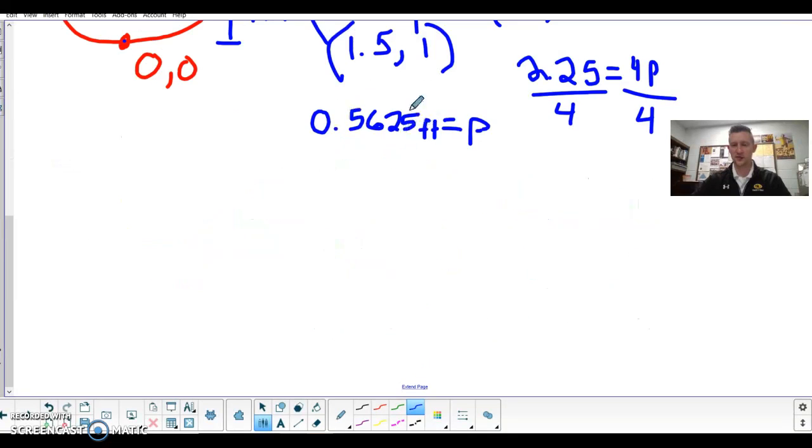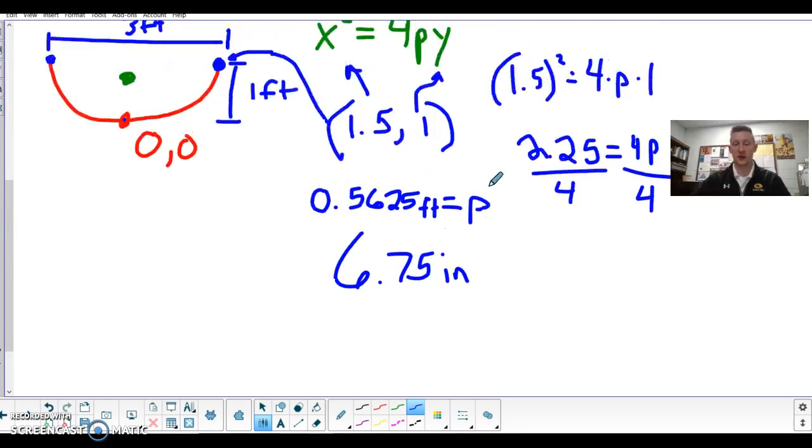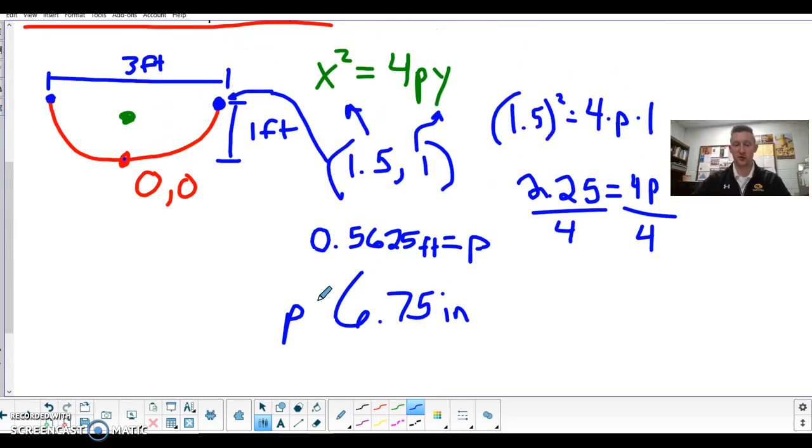If I were to change that into inches, taking this times 12 to figure out the number of inches, that would be about 6.75 inches, because it's that fraction of a foot. So 6.75 inches would maybe be a little bit better for me. If that's p, the focal length, that would be the distance I would need to travel from the vertex to the focus to make this parabolic reflector work.